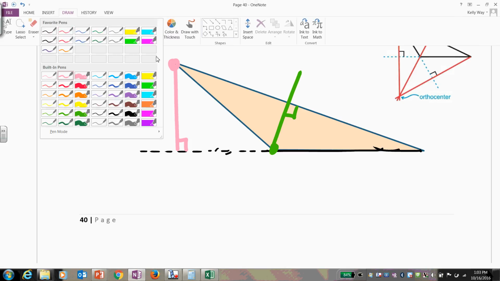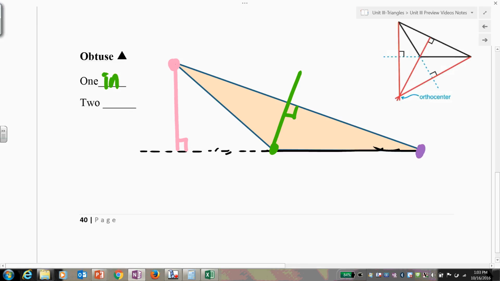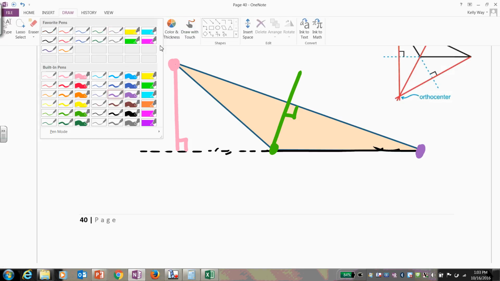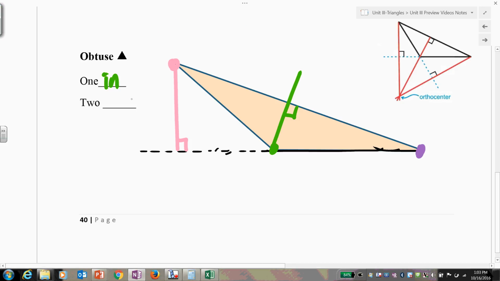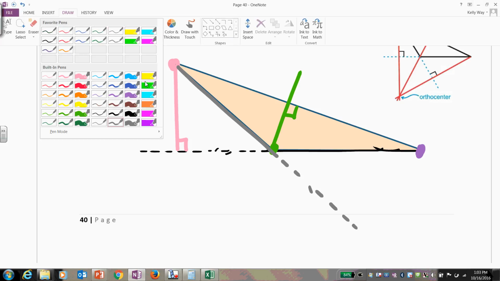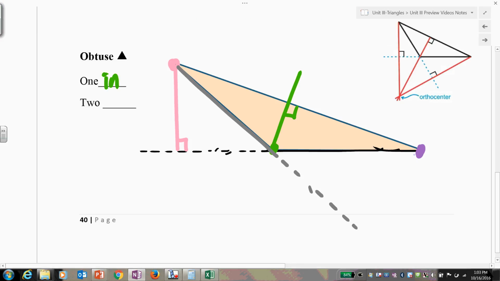Let's come over here, see what we can do about this side over here. Corner. Again, we cannot get to the opposite side and make a right angle, so we have to trace and extend. And our third altitude is also outside.